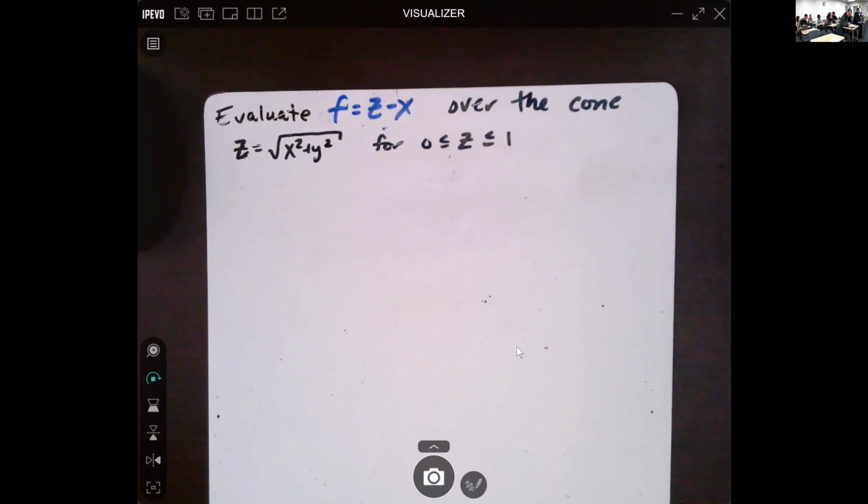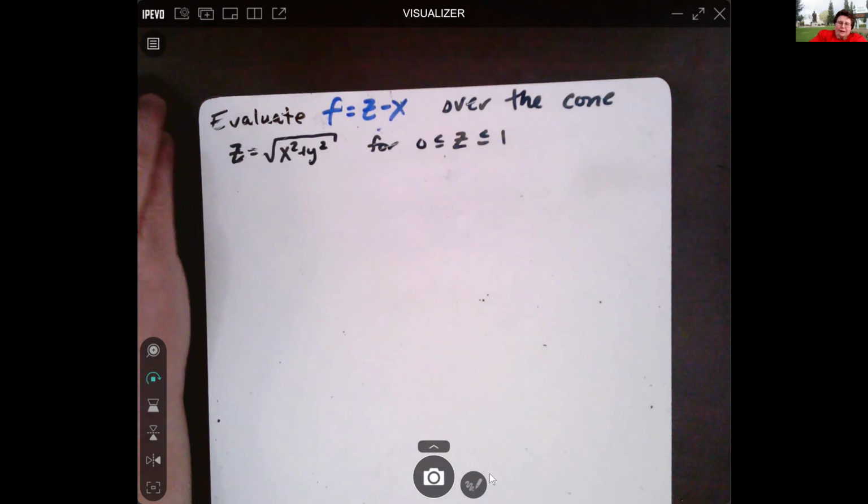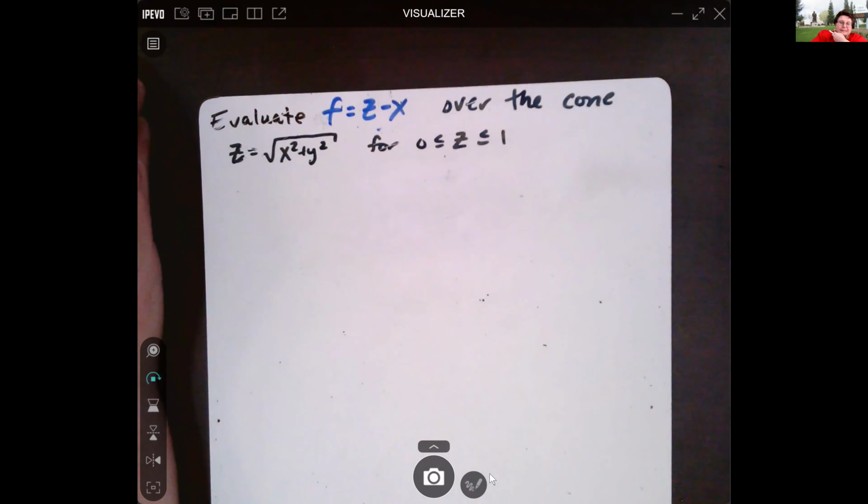I thought it was on the 5th. Okay, I don't know the actual date. It's the week of the 6th. I'll go look at the calendar right now, just so everyone's on the same page. We have it on the 5th and the 7th.